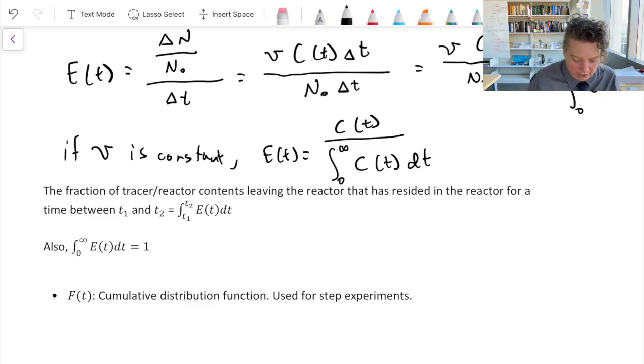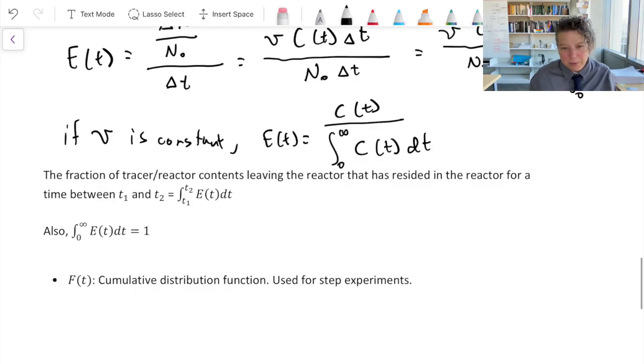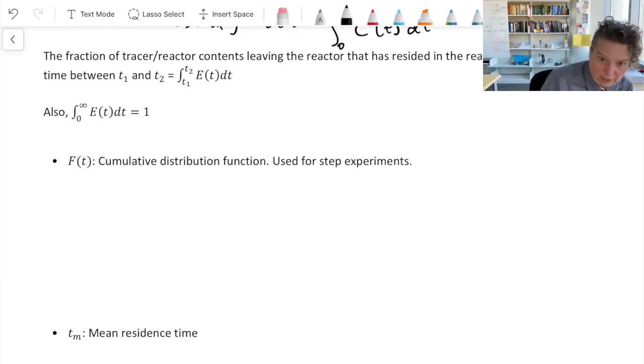Other properties of interest are the cumulative distribution function, F of t. F of t is equal to the integral between 0 and t of E of t dt.